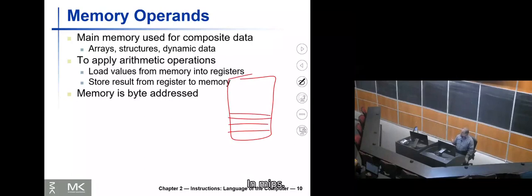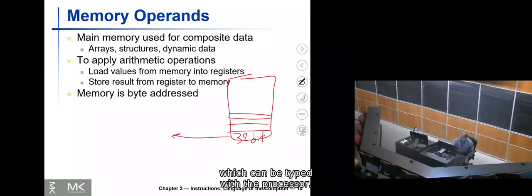MIPS is a 32-bit processor. It means that the registers are 32 bits wide, I told you. So when it wants to talk with memory, it can talk with 32 bits. So each memory location could be 32 bits, which can be talked with by the processor.